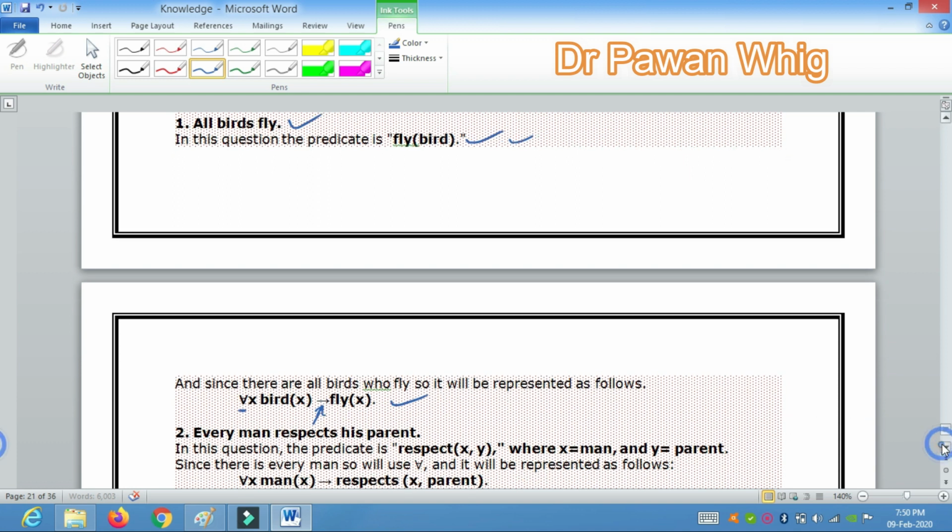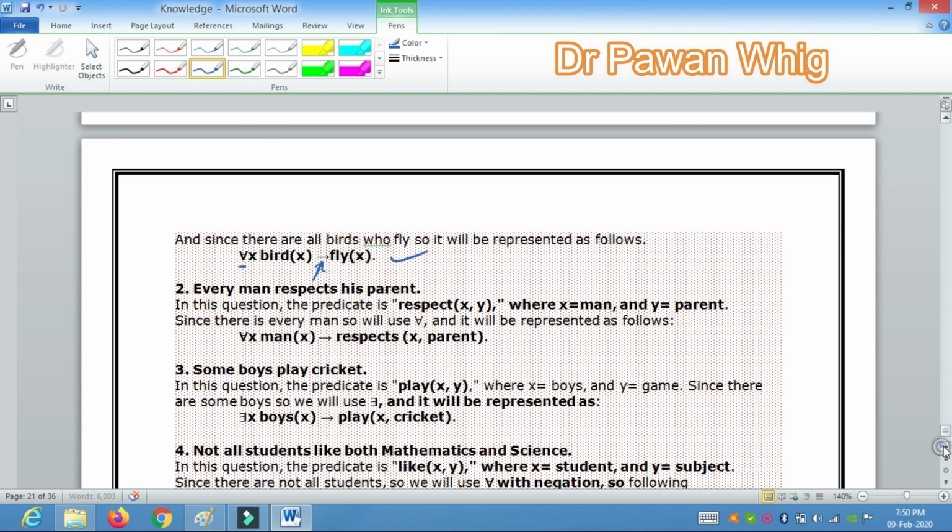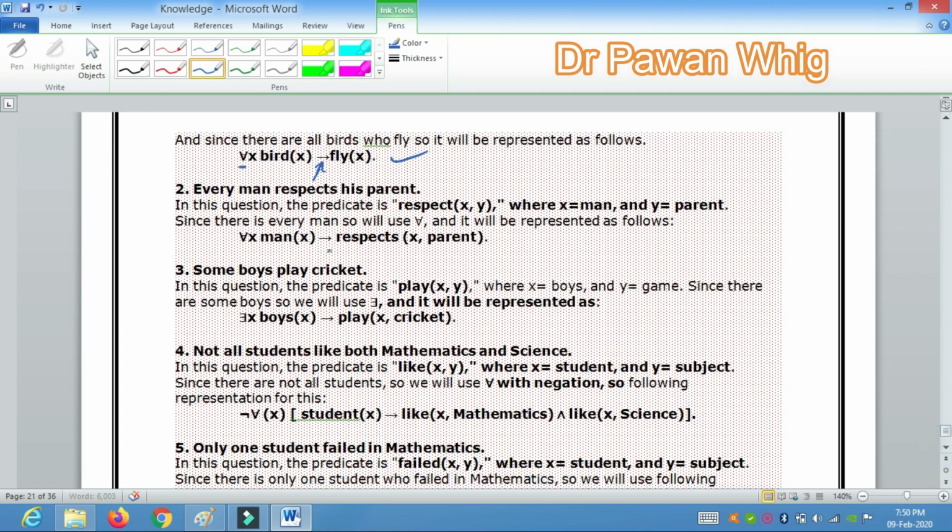Similarly, every man respects his parent. For this every, you have to use this quantifier, and you have to write it like this. Similarly, some boys play cricket. For some, you have to use this.